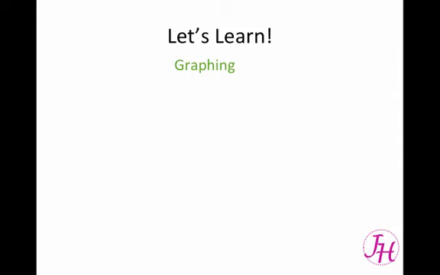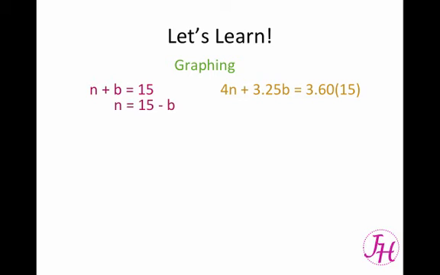The first method is graphing. So we have our two equations, and we're going to solve for one of the variables. In this case, we're going to solve for n. So for both of the equations, we're going to solve for n. So we subtract the 3.25b, and we simplify the 3.6 times 15, and then we're going to divide by 4.